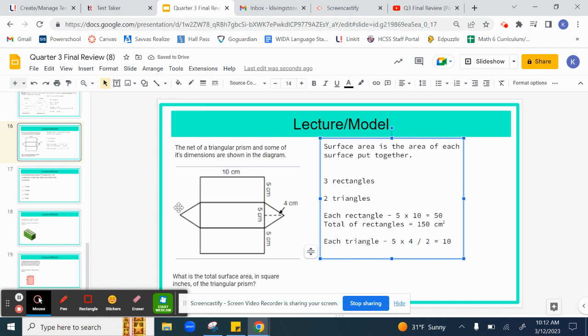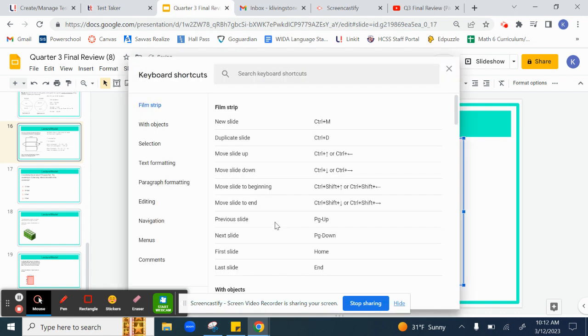So the total of the triangles is 20 centimeters squared. Because they're each 10 and there's 2 of them, so that makes 20.